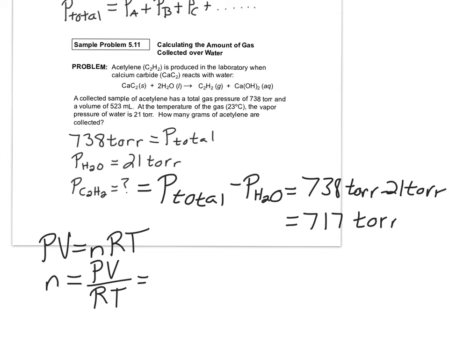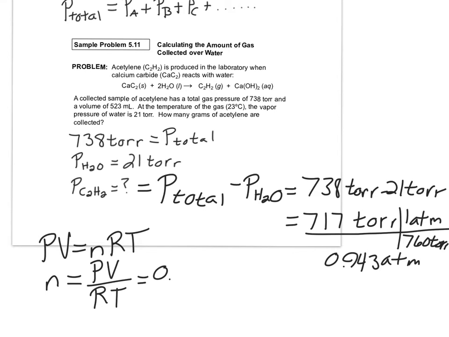All right, now remember the value we have for R has pressure in atmospheres, so let me go ahead and convert this 717 torr to atmospheres. 760 torr in 1 atmosphere. So 717 divided by 760 is 0.943 atmospheres.